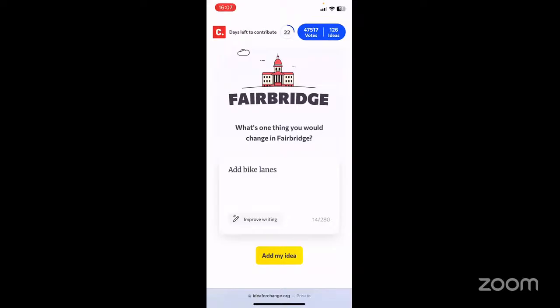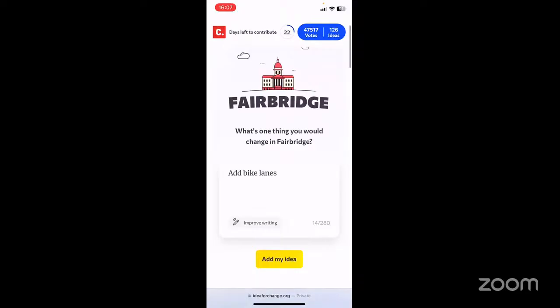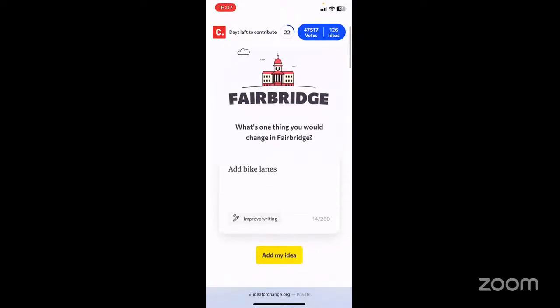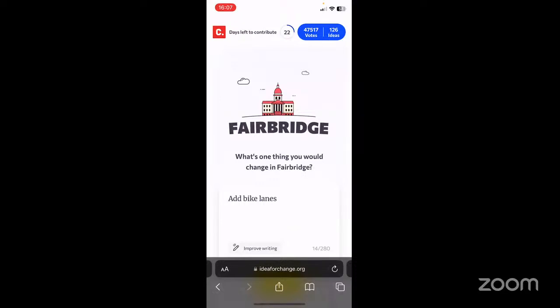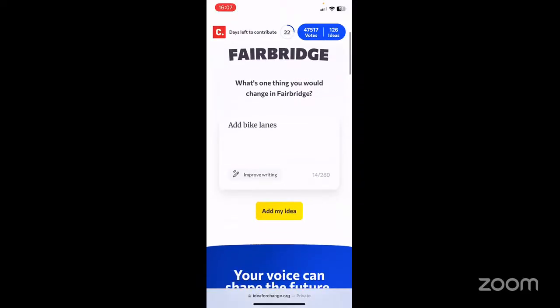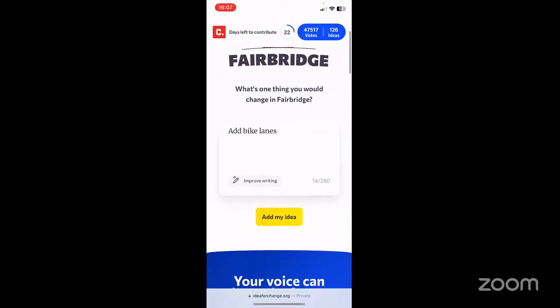I think it helps seeing examples. So maybe right under this Fear Bridge logo, something like what's something you would change about Fear Bridge, or somewhere on this page, if it said here are the top ideas right now, to get my thinking going, I think that would help me.